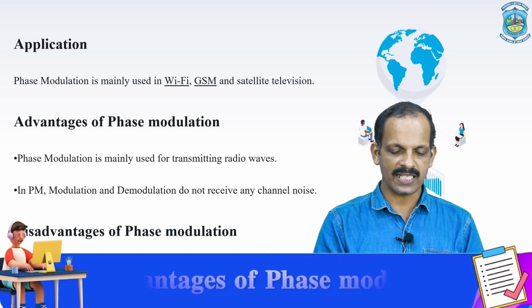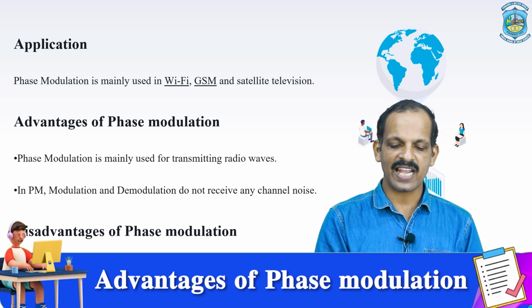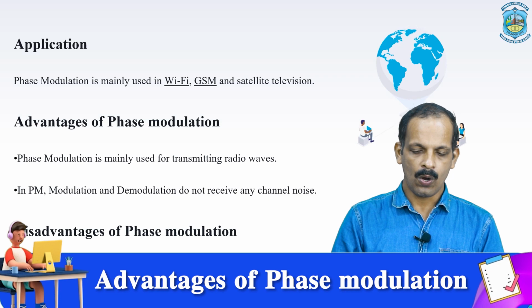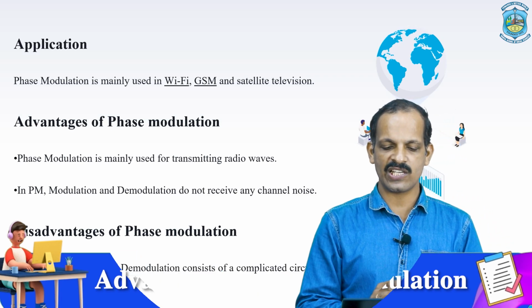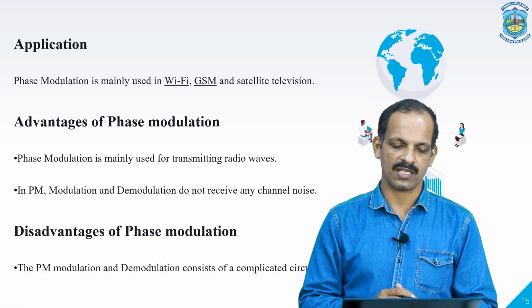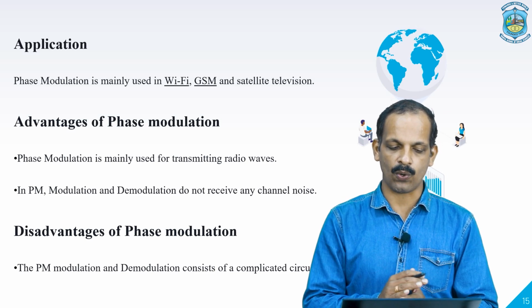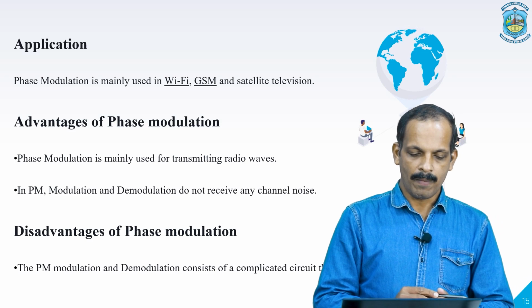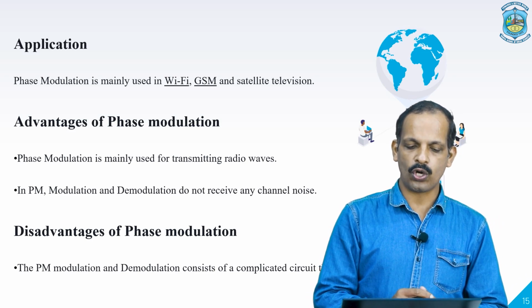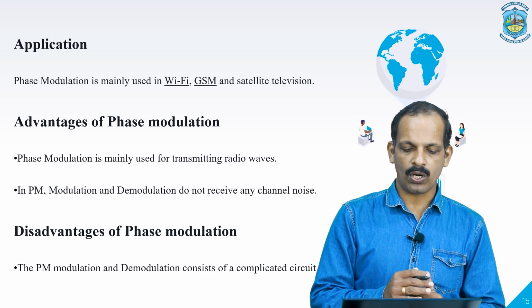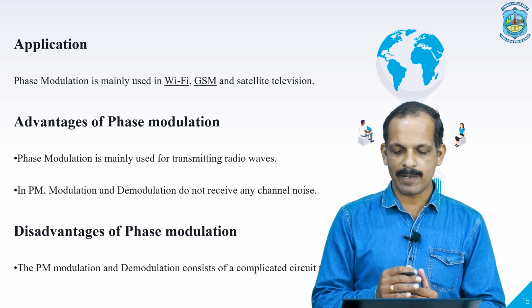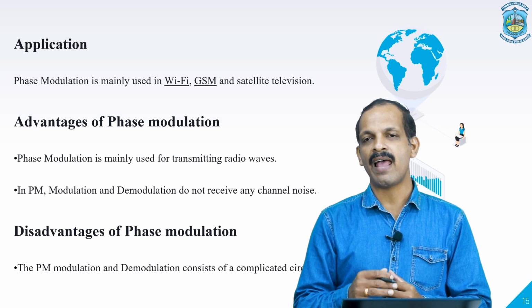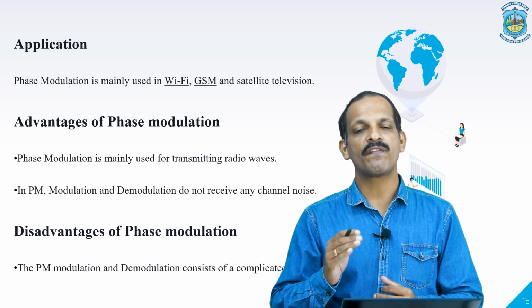The main advantage is that we can use radio waves to transfer the data. Also, it will not receive any channel noise. These are the main advantages, and the disadvantage is that modulation and demodulation consist of a more complicated circuit than amplitude modulation and frequency modulation.